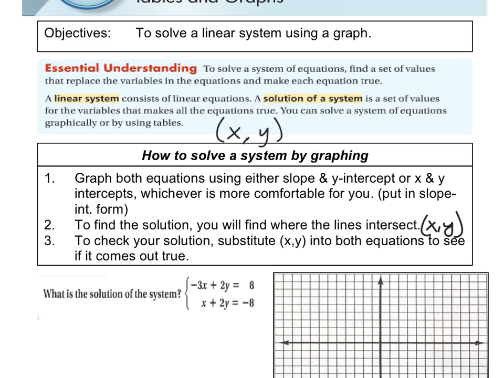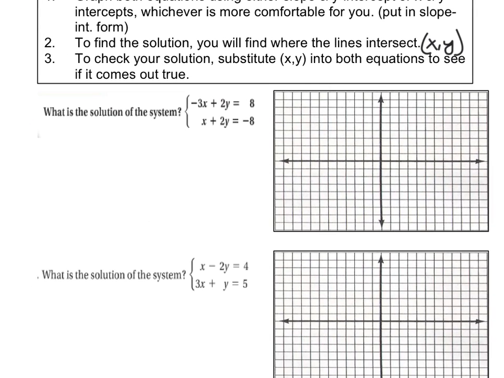Some of you may find your lines aren't perfect, so your intersection point may be just a little bit off. That's okay. But in the problems you're going to do, you will not have any fractions or decimals as your answers in ordered pairs. Let's take a look at the first example.